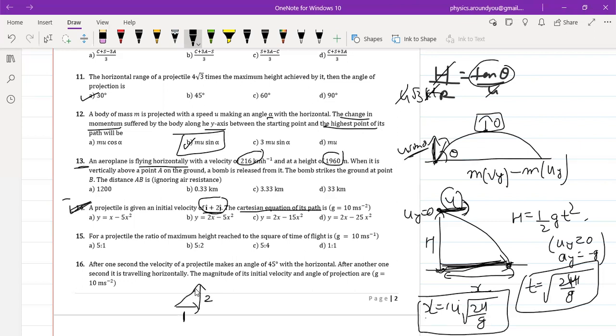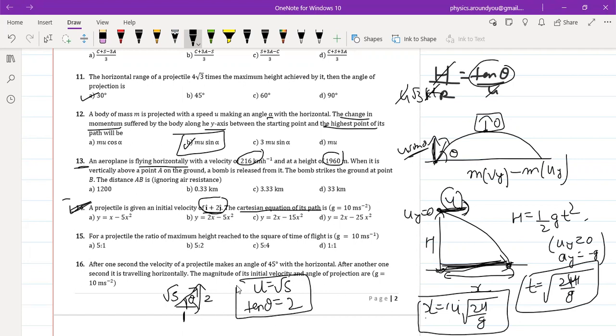So what is the initial speed? Initial speed is a vector addition of this 1 and 2, which is root 5. So I can say U as root 5. And what is the angle? What was the angle with which it was thrown? Tan theta. Tan theta is the opposite by adjacent, which is 2.